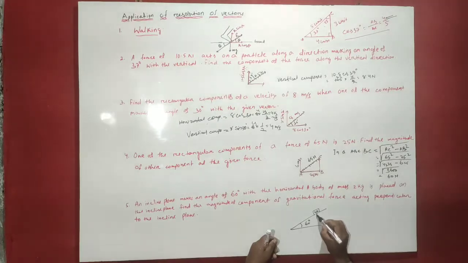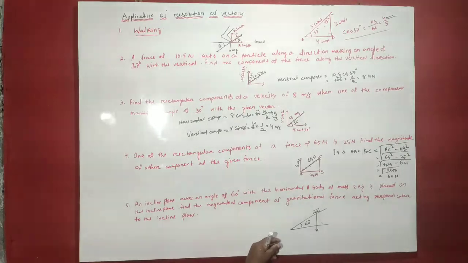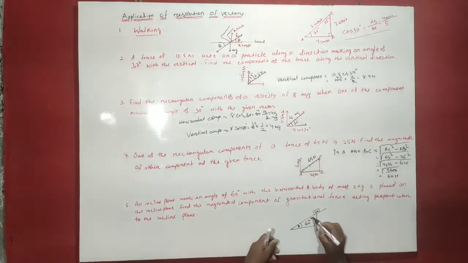Then the gravitational force on the body is acting perpendicular downward to the horizontal. This is 90 degrees. If this is theta, then also 90 degrees minus theta is equal to 30 degrees.